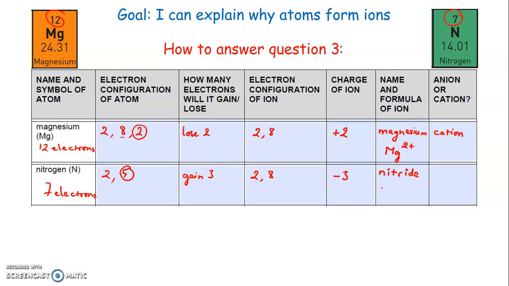The symbol for nitrogen is N, and the charge, we flip the charge around, so this is going to be 3 minus instead of minus 3. This means 3 more electrons. And because it's negative, it's an anion.